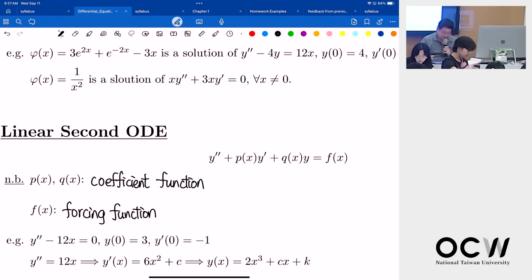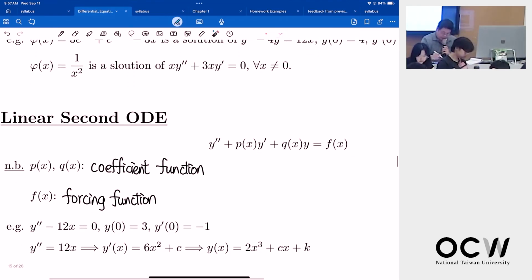Okay. We may have initial conditions, and here you can see the initial conditions. It's not just one, we have two, since it's second derivatives, you may have two constants when you take the integration, right? So you need two initial conditions to determine your two constants. Okay?